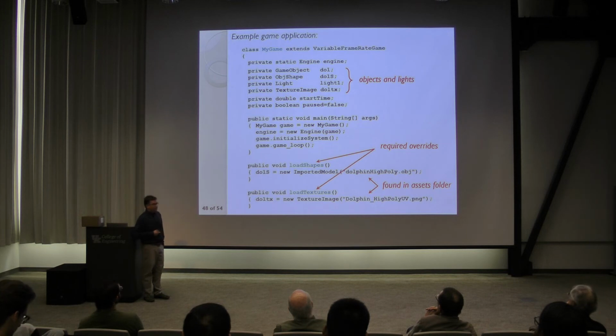This main has to be there. That'll initialize the system and start the game loop. You have to write loadShapes in which you instantiate any of the shapes. You can use the imported model from the book that I told you about, because that's in TAGE, or you can use TAGE's calls to instantiate spheres and things like that.